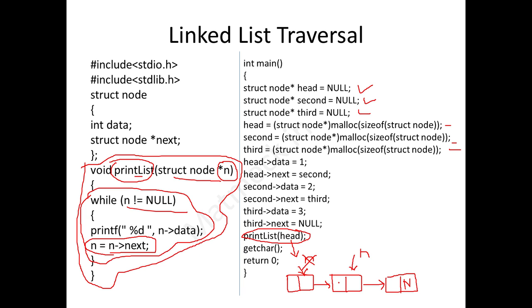It will print the data stored in this part, and travel to the next node and print the data, and now n will become null. As and when n becomes null, the while loop will stop, and the function ends. Hence we have traversed from the first node to the last node.